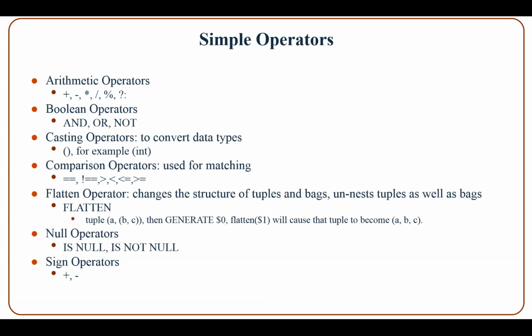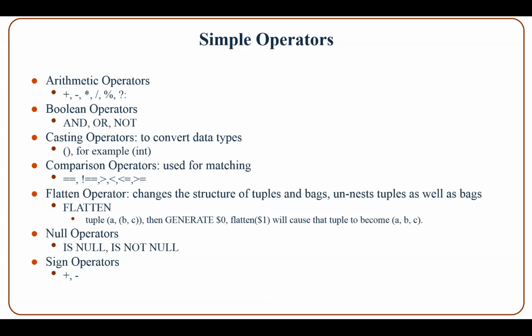This slide shows the simple operators, and we have arithmetic operators, Boolean operators, and casting operators to convert data type, for example, if we want to convert data type to integer. We have comparison operators, which are for matching patterns. Flatten operator is for changing the structure of tuples and bags.